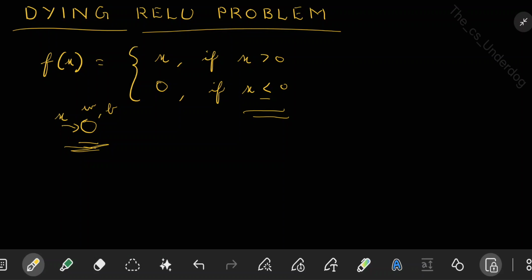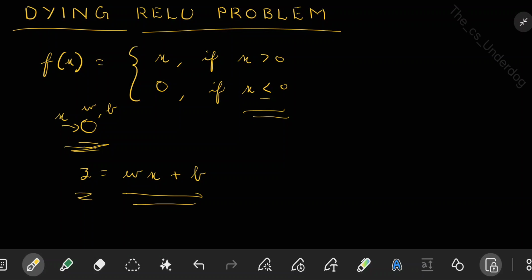Before giving it to the activation function, you will compute z equal to wx plus b. Here w is the weight of that neuron and b is the bias in that neuron. So this is the weighted output coming out of the neuron.